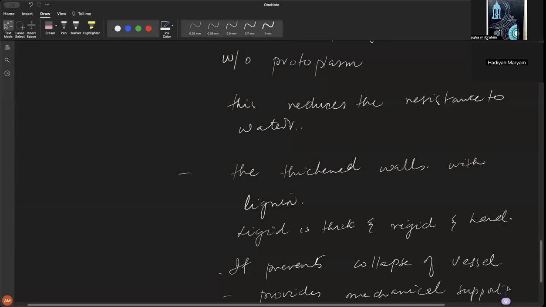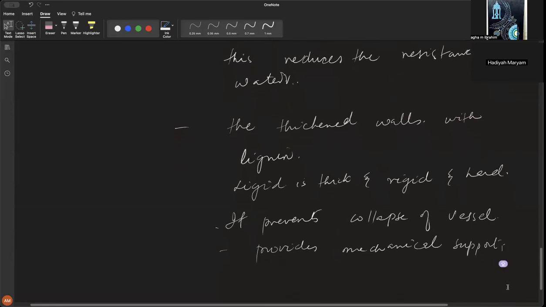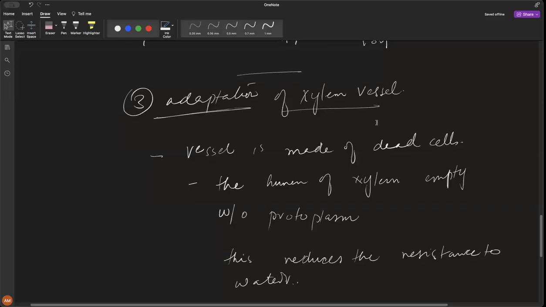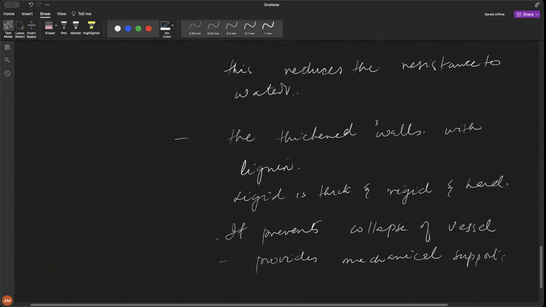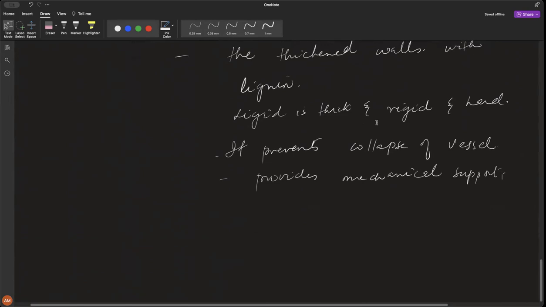Are you writing this down? All right. So these are the adaptations of xylem.